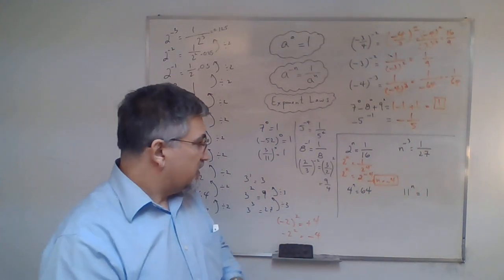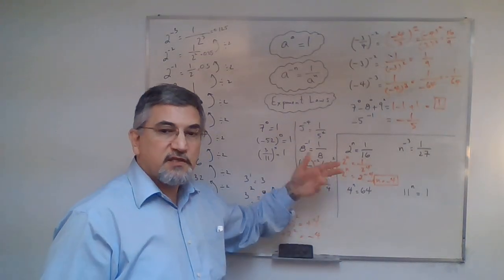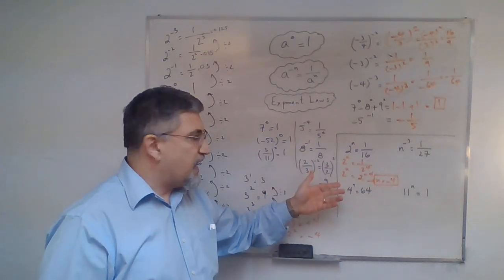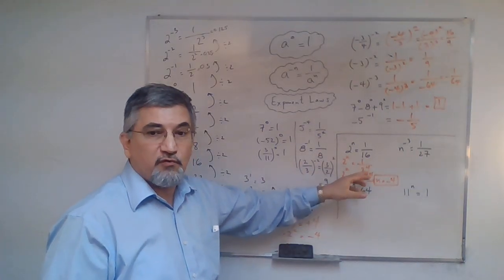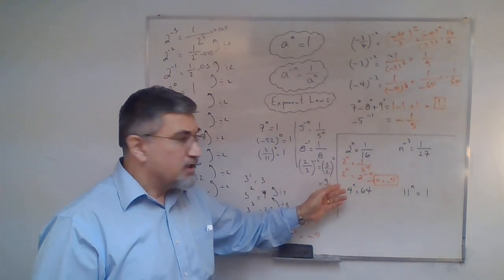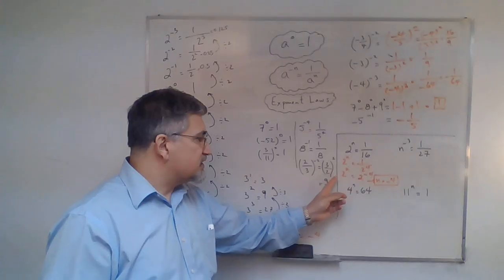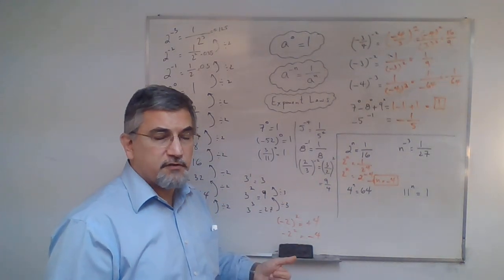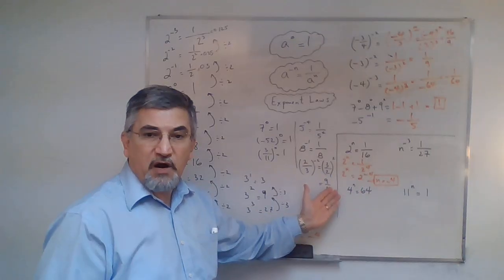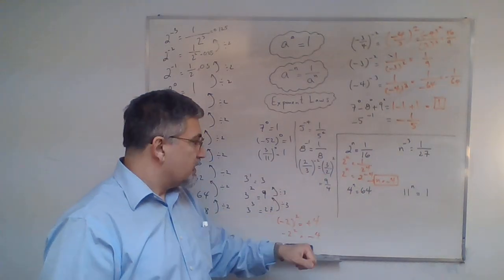Because think about it. If the exponent on the left side is not -4, let's say it's -3, how can you say that 2 to the exponent of -3 equals 2 to the exponent of -4 on the right-hand side? It's impossible. So the only time that this equality would hold is when the exponents are also equal to one another, because the bases of the two powers are exactly the same.